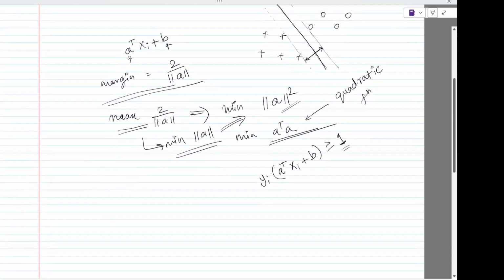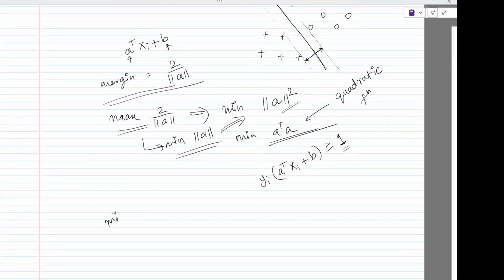You cannot just minimize A because A is a vector. It is not a real valued quantity, so you can't compare two vectors as A less than B. You can't say which one is the minimum. For real valued quantities, you can say what the minimum is.